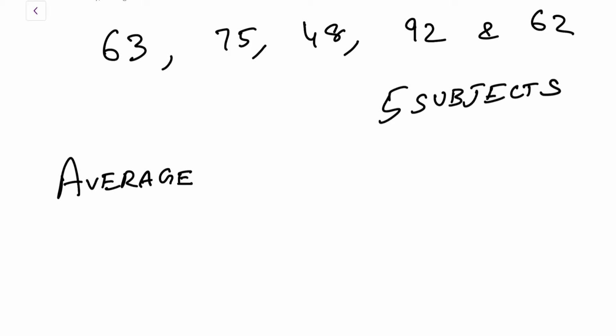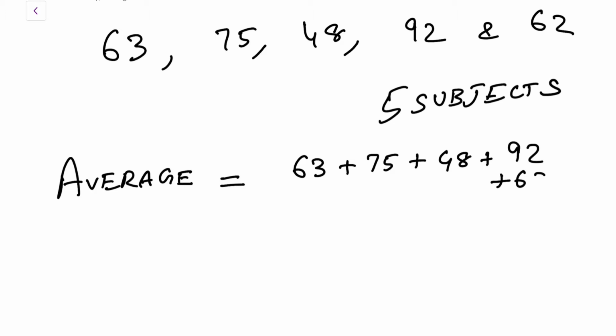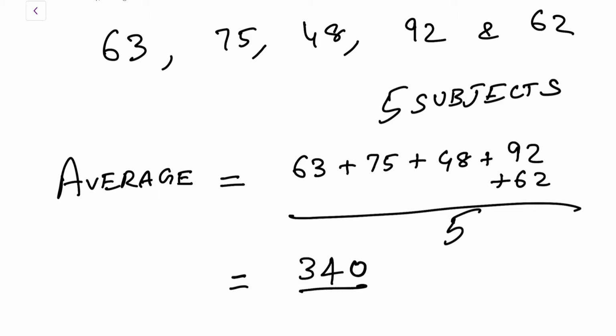His average marks can be found out by adding all his marks, that is 63 plus 75 plus 48 plus 92 plus 62. You add all the marks and you divide it by the total number of subjects, that is 5. If you do that, you get 340 divided by 5, which is 68.